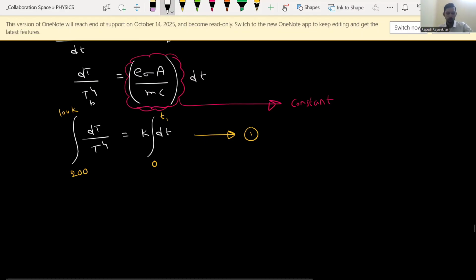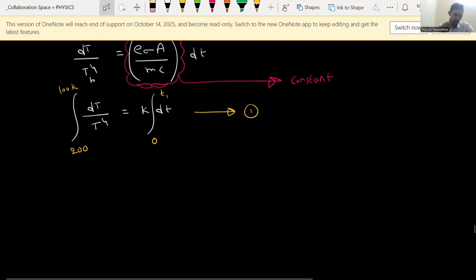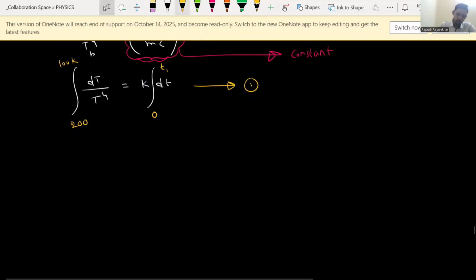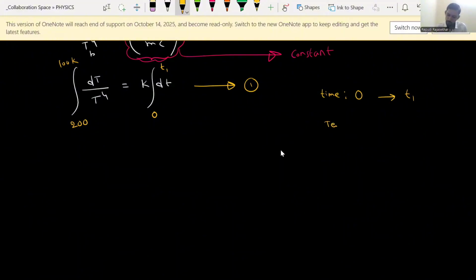Now the second equation. From 0 to T1 seconds, the temperature is changing from 200 to 100 kelvins.